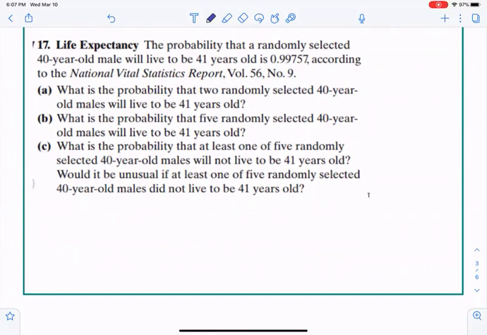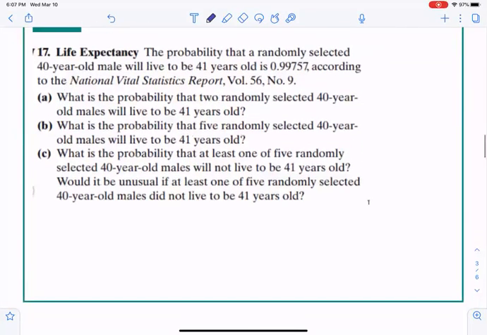So this is a problem on life expectancy. The probability that a randomly selected 40-year-old male will live to be 41 years old is 0.99757, according to the National Vital Statistics Report. I don't want to write the entire statement over and over again.